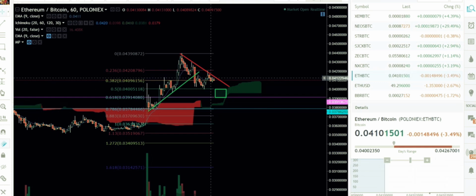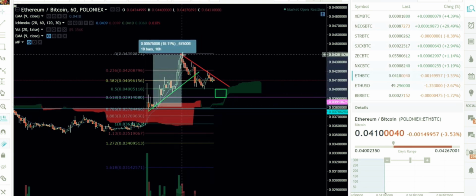If you get in here, by the time the price goes up 15%, if you're trading like 33 times leverage on BitMEX or something, you're up maybe 300-400% in your trade already, just in this little move from here.